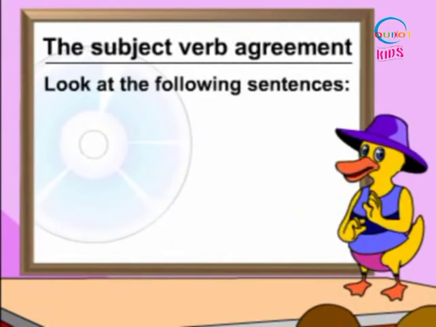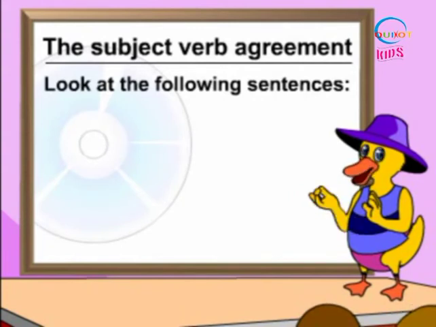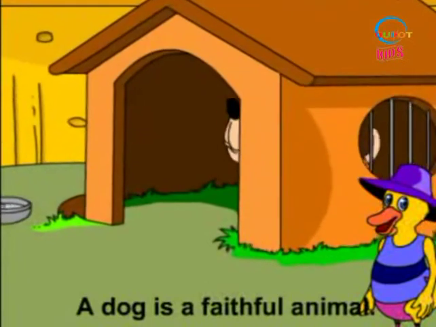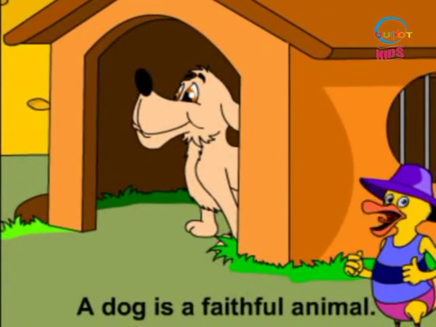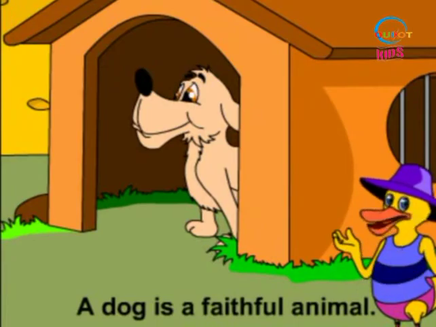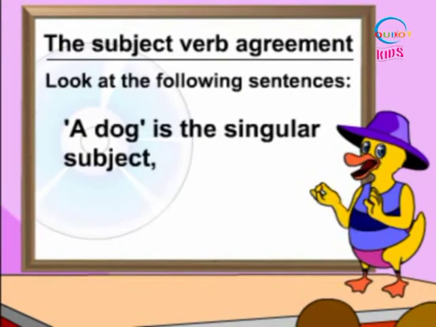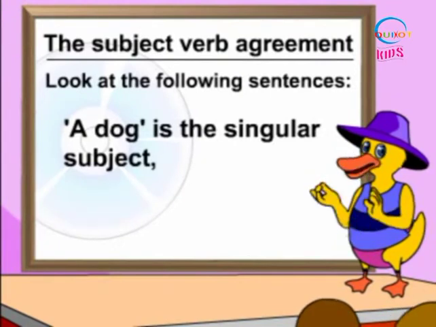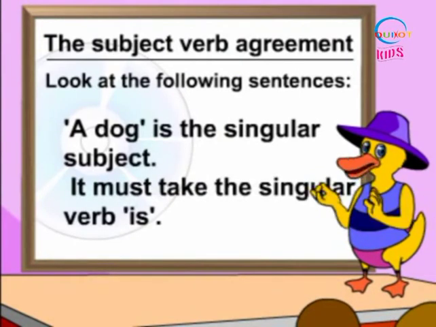Look at the following sentences. A dog is a faithful animal. A dog is the singular subject. It must take the singular verb is.